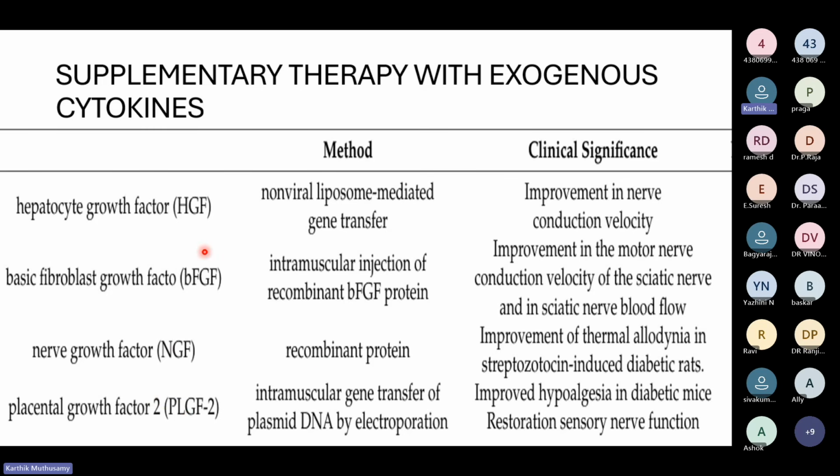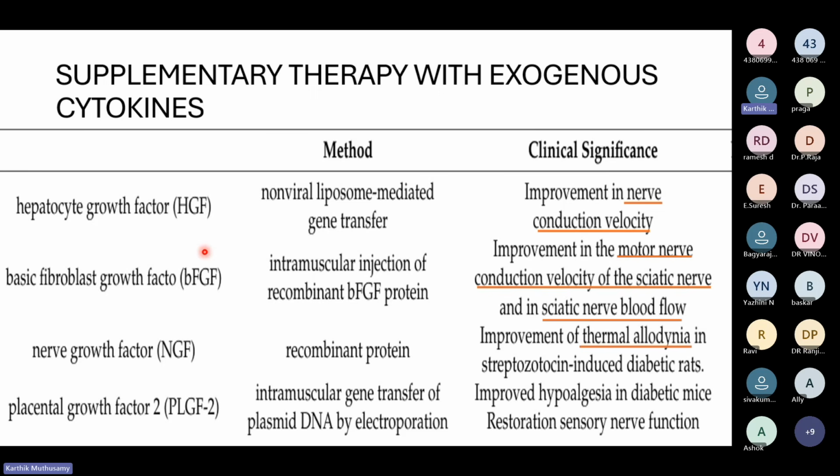Hepatocyte growth factor delivered by non-viral liposome mediated gene transfer causes improvement in nerve conduction velocity, whereas basic fibroblast growth factor, delivered by intramuscular injection of the recombinant protein, causes improvement in the motor nerve conduction velocity of the sciatic nerve, and it improves the sciatic nerve blood flow also. Then nerve growth factor delivered as a recombinant protein causes improvement in thermal allodynia in streptozotocin induced diabetic rats.